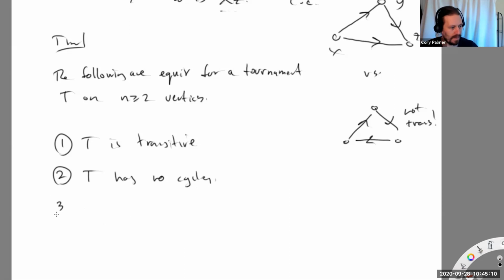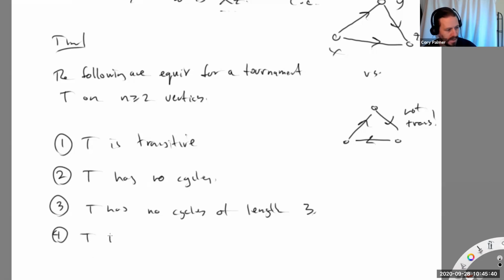Actually, you can weaken it slightly. Number 3, T has no cycles of length 3. This just seems like a weakening of the previous, but the point is, in a tournament, these 2 are equivalent. Having no cycles and having no cycles of length 3 are actually equivalent to one another. That doesn't seem immediately obvious, though it's not that hard to see.